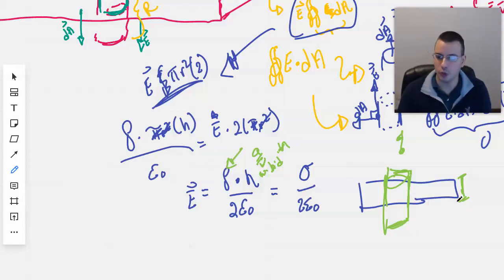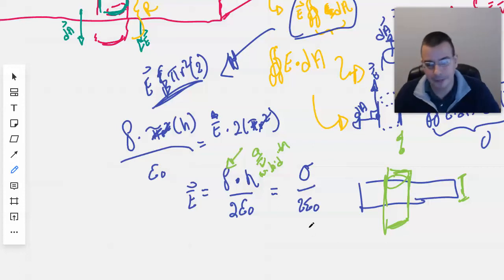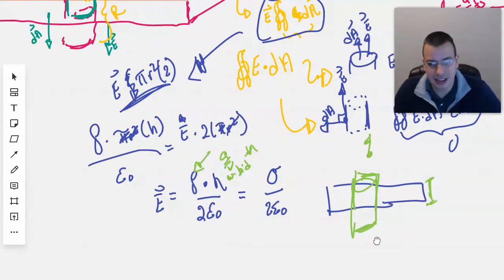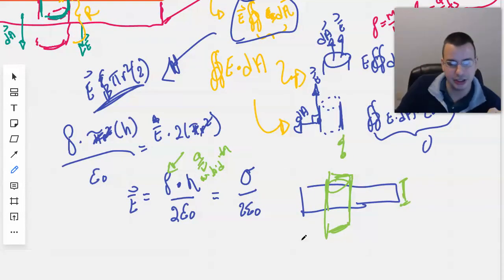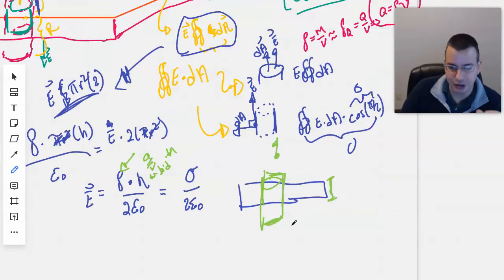And what we'd care about is the area going from side to side, and that would give us the strength for the electric field. Divided by 2 epsilon naught. So what's key here then is this is completely independent of how far away you are from the plane, which is kind of counterintuitive.